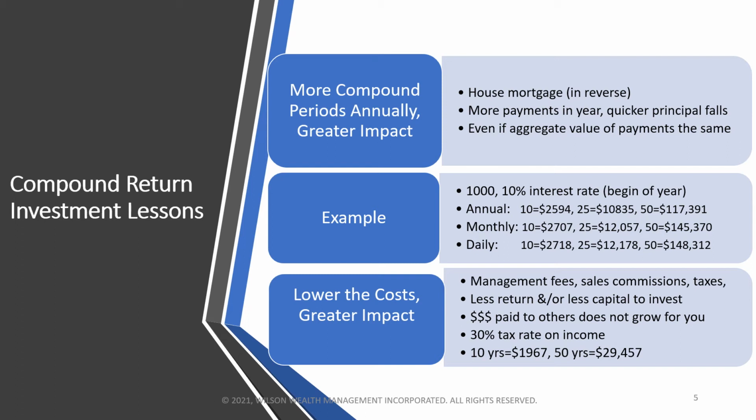Over 50 years, and this is a scary one, you go from $117,000 with no tax all the way down to $29,000 with tax. Now, if that's not an argument to use tax-deferred investment accounts in Canada, the RRSP, I don't know what is.